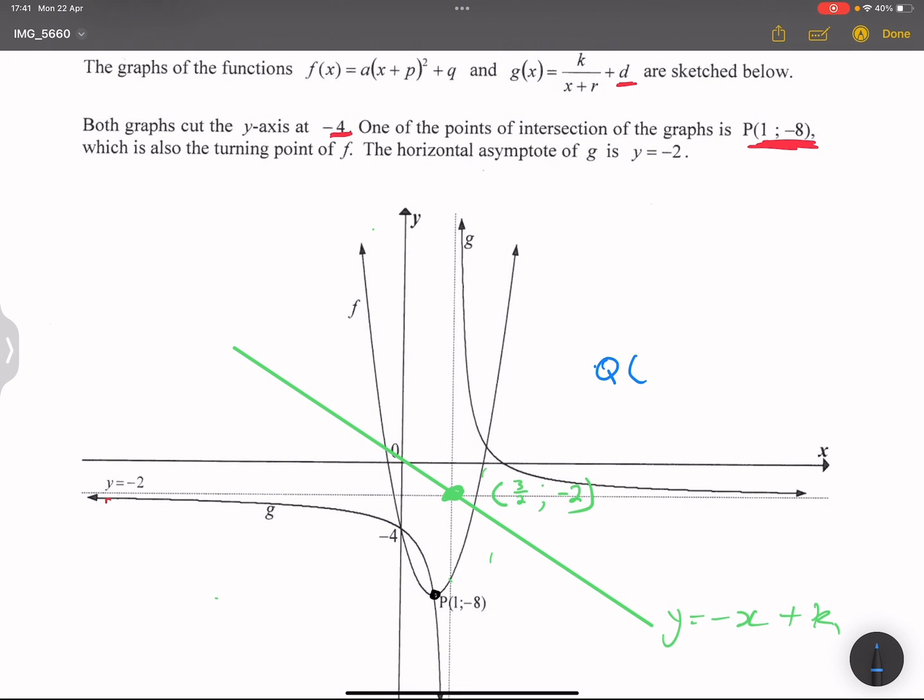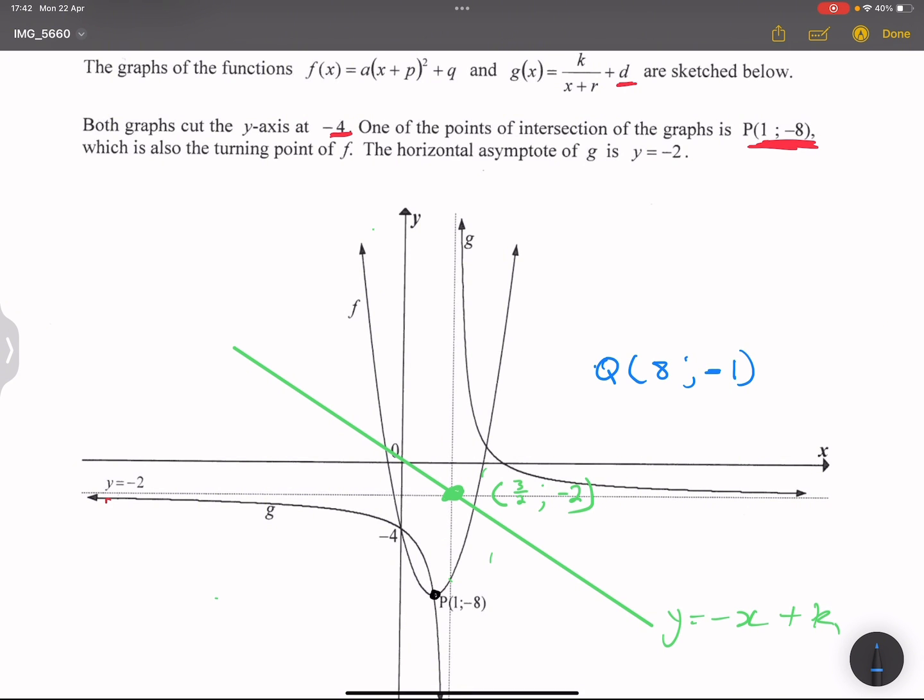So I would have 8 and 1, but remember, I not only swap around the points, but I swap around the signs because that's minus x, right? So that would be positive 8 and negative 1.